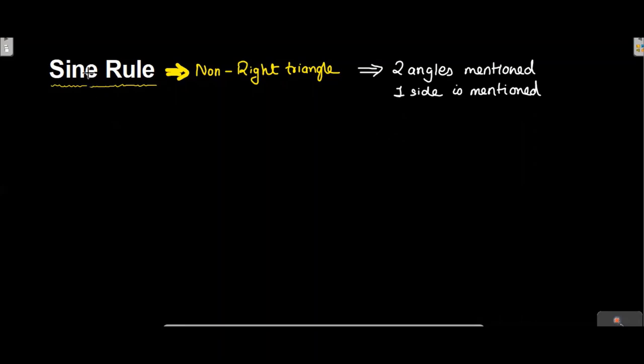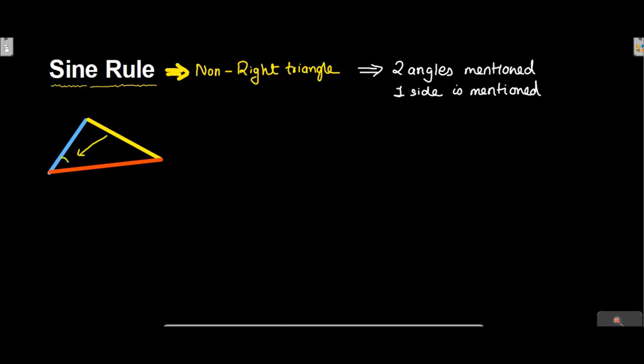Okay, so let's start. Just to understand the theory first, I will draw a non-right angle triangle with three different colors. If you see the side A, the angle just opposite that side A is this.